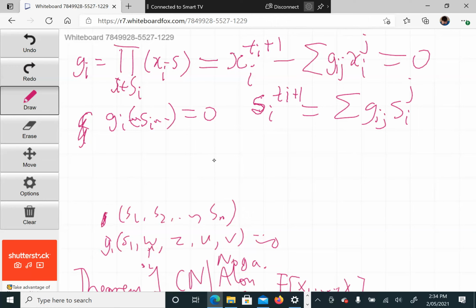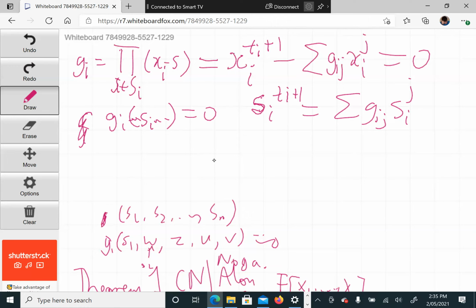So what that relation is telling you is that s_i to a high power is equal to a bunch of s_i's to a lower power, times some coefficients. So you can do the corresponding operation in f.